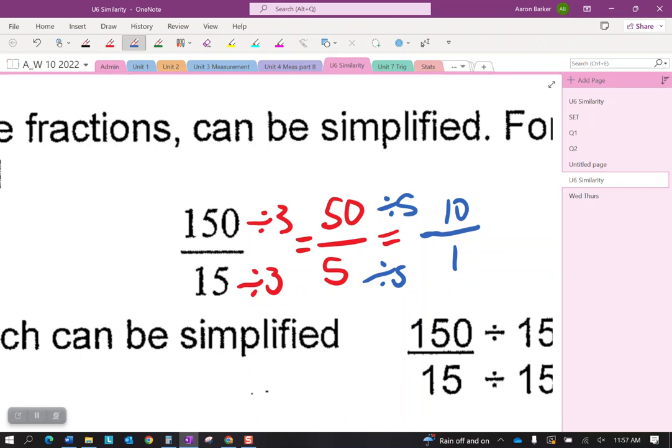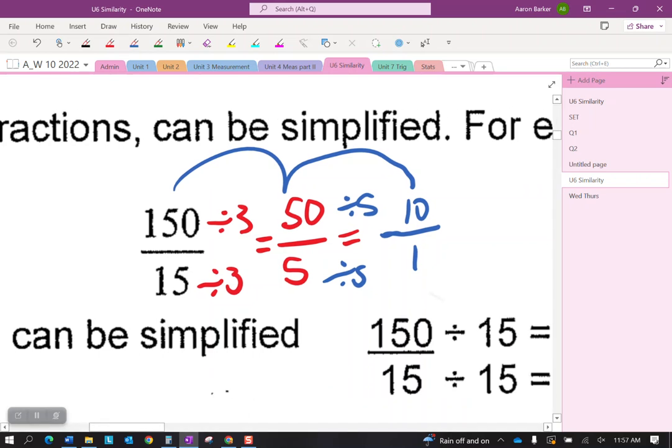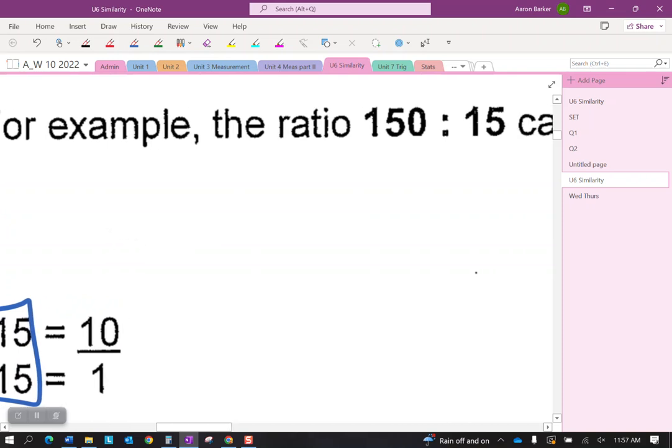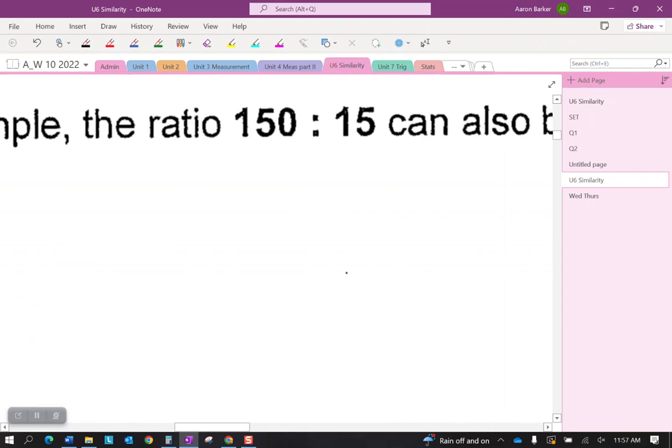So 10 over 1 is lowest terms, but these 3 fractions are equal to each other. Okay. You could also do it in one step and go 150 divided by 15 equals 10 over 1.